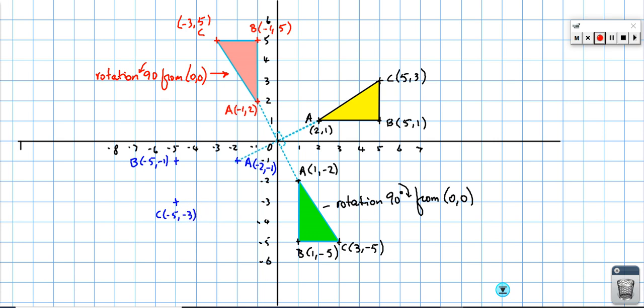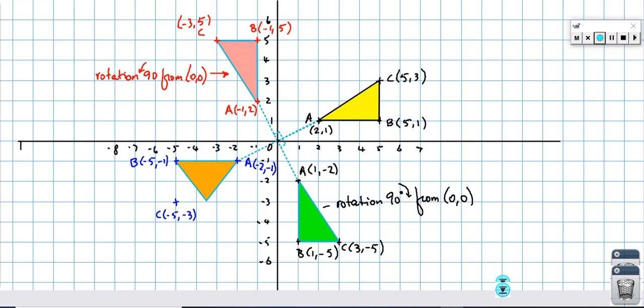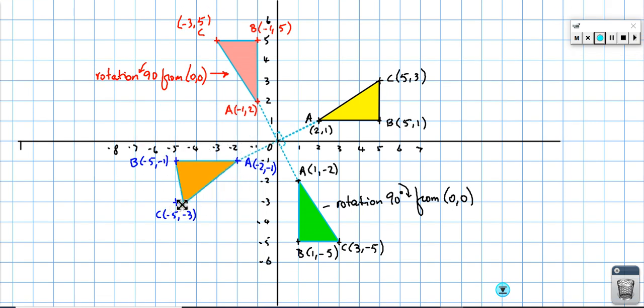Let's draw the triangle. I'm going to see it clearly now. This is our triangle. So now we have here a rotation of 180 degrees.